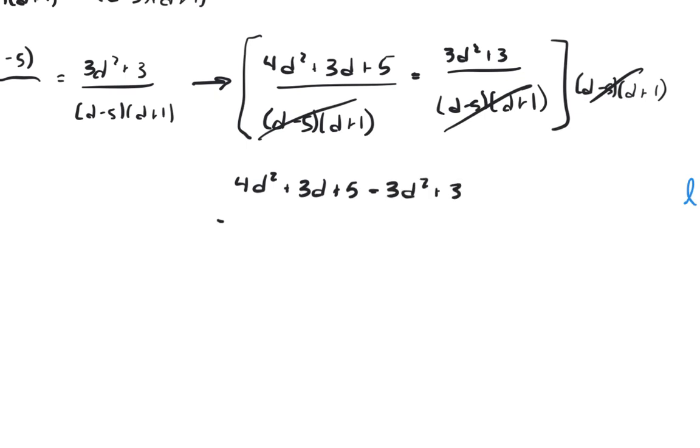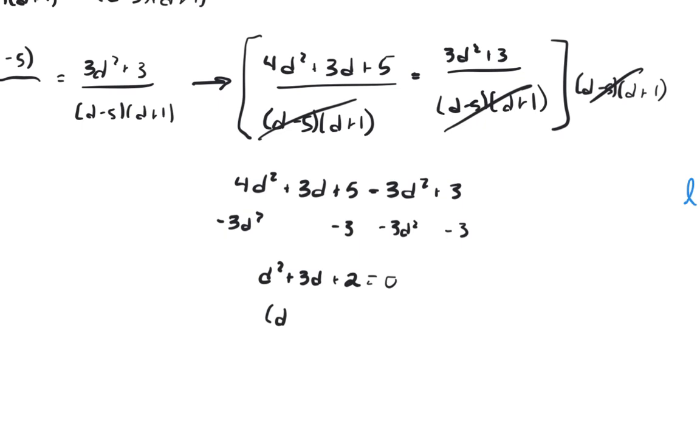We want to subtract a 3d squared term from each side. We want to subtract a 3. So that we end up with 4d squared minus 3d squared, which is just d squared, plus 3d plus 2 is equal to 0. Now we can factor this. Two numbers that multiply to 2 and add to 3 are 2 and 1.